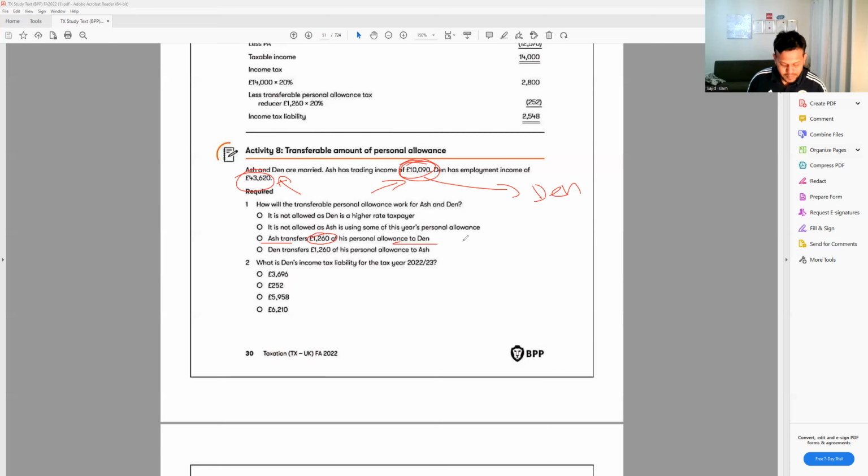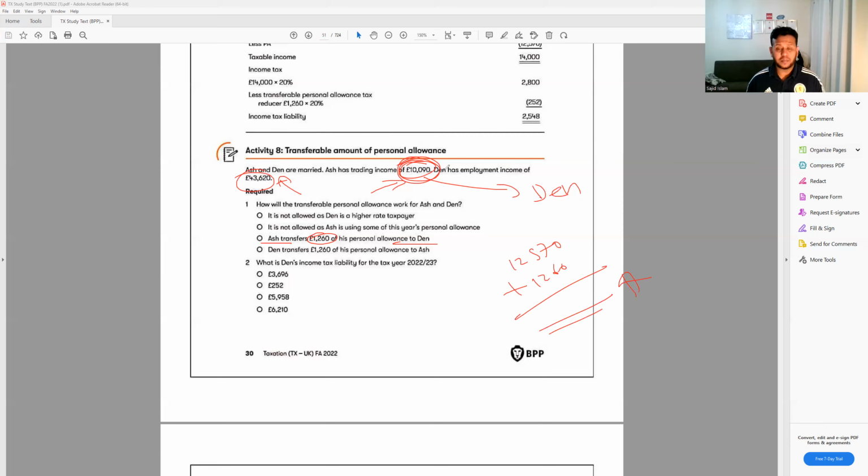So normally Dan has a personal allowance of 12,570, and this 1260 from Ash will be added, and the new personal allowance will be more for Dan. That means he will pay less tax. So Dan will pay less tax. There is no impact on Ash anyway, because Ash will not pay tax, because her earning is 10,090.